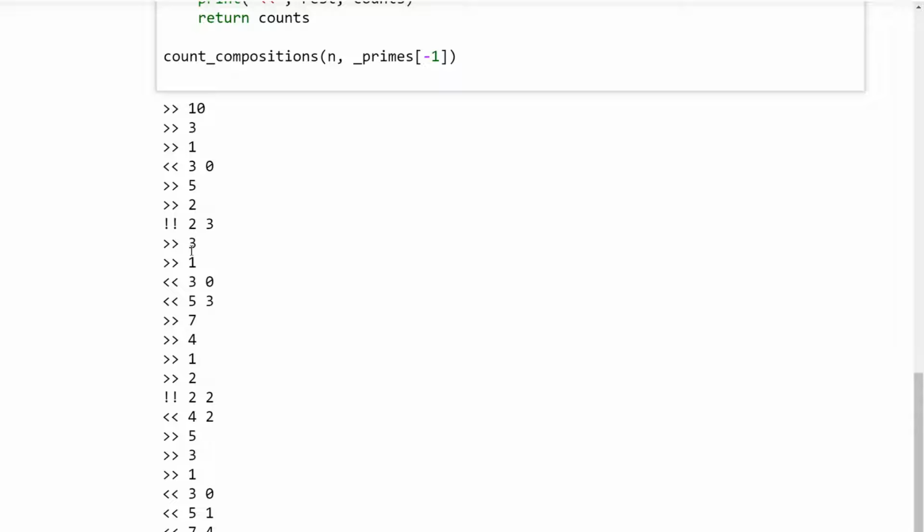And for the recursion, well, I don't know. The idea is, if the rest is prime, we do plus 1, and also we should continue to decompose.